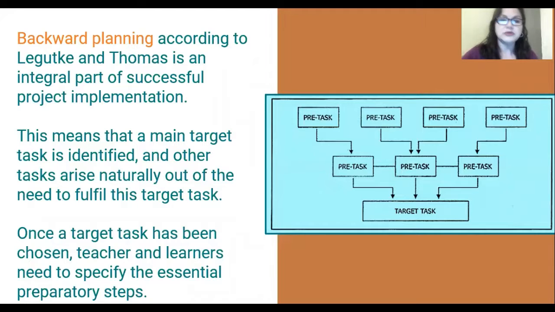Backward planning, according to Legutke and Thomas, is an integral part of successful project implementation. This means that a main target task is identified and other tasks arise naturally out of the need to fulfill this target task. Once a target task has been chosen, teacher and learners need to specify the essential preparatory steps.